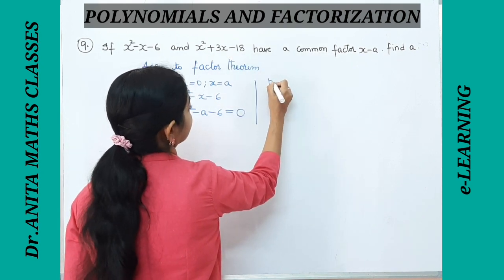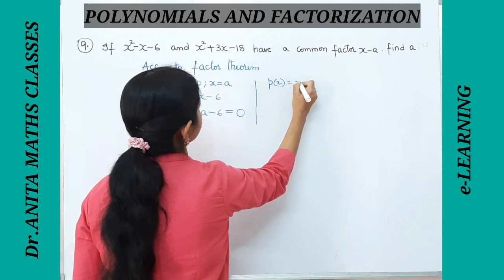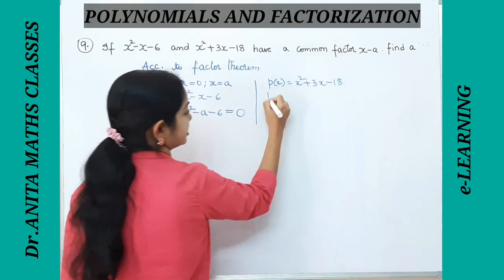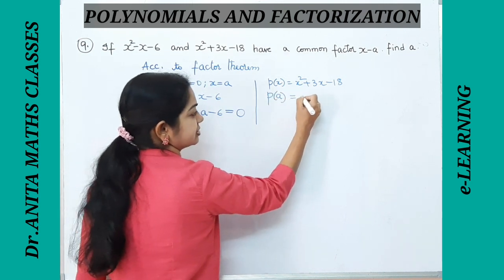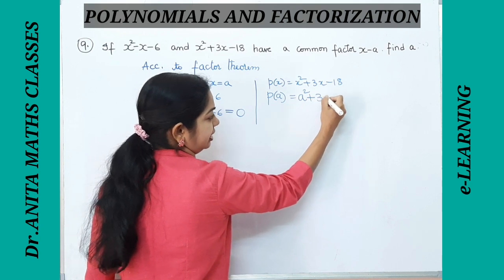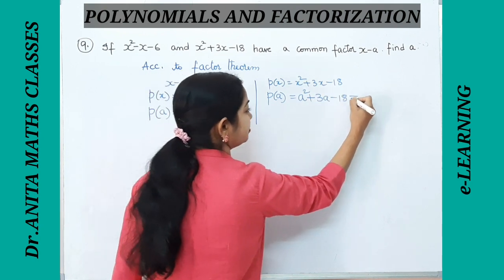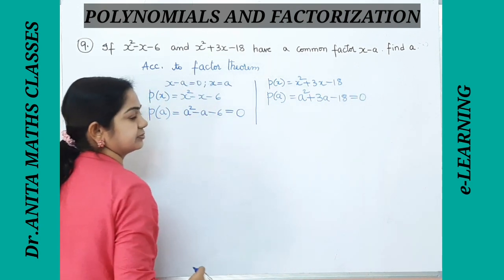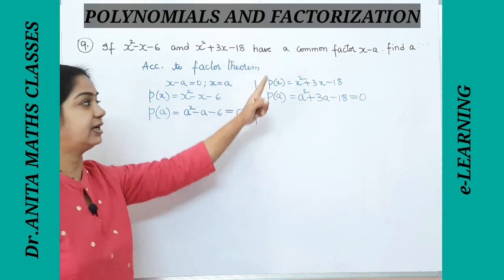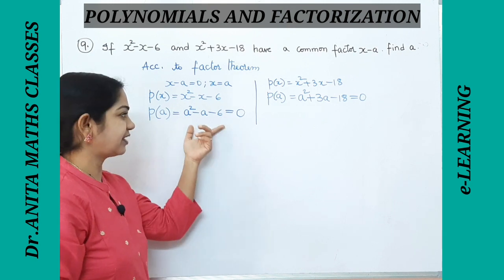Again, let me suppose p of x is x square plus 3x minus 18. In this I will substitute a because this is a factor. So in place of x I will substitute a, so a square plus 3a minus 18 should be equal to 0. Now these two have the common factor x minus a, which means the factors are the same.